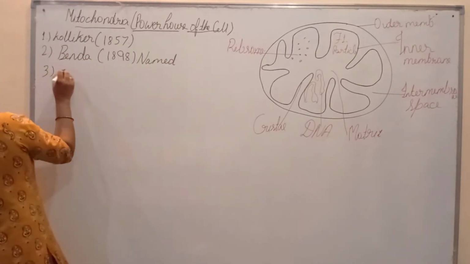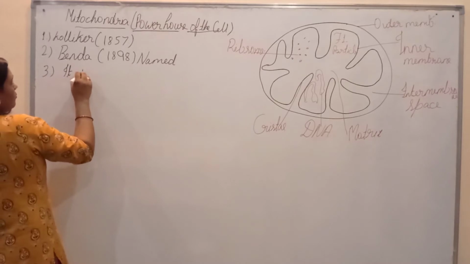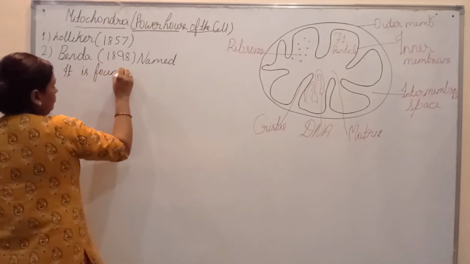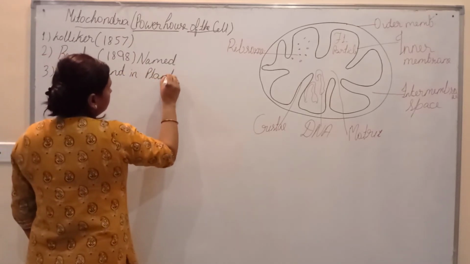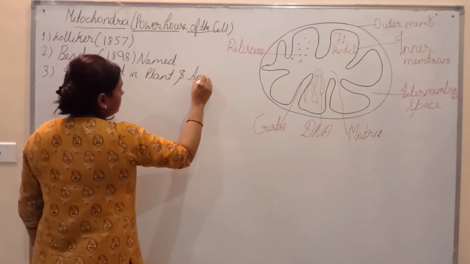Mitochondria is found in both types of cell, that is, in plant and animal cells.